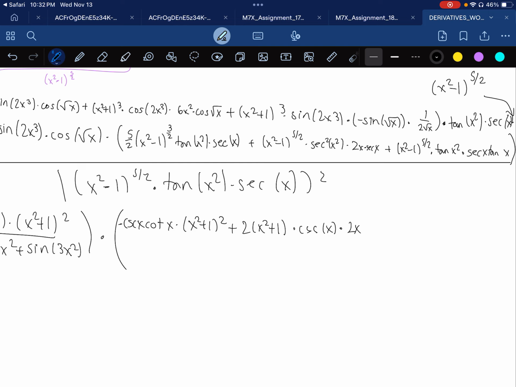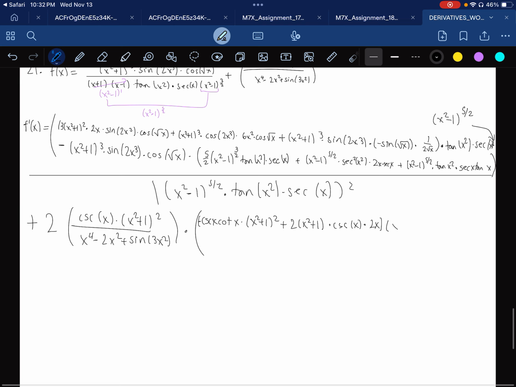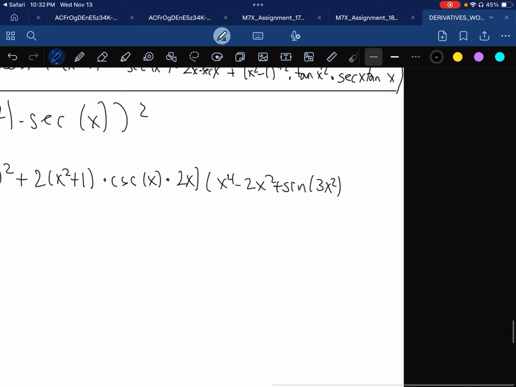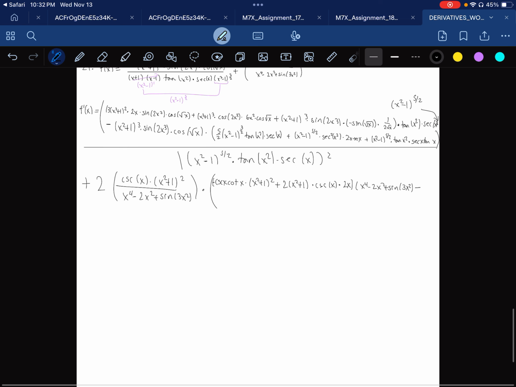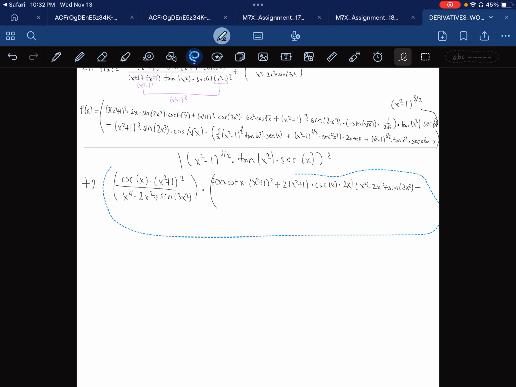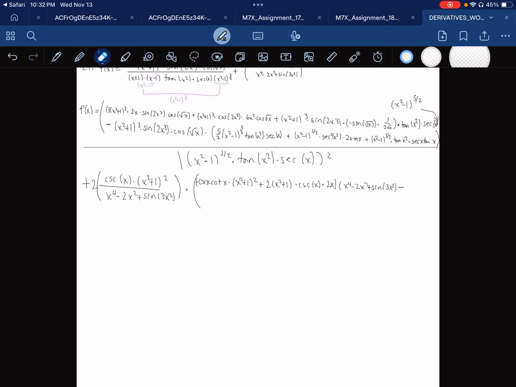Okay, and this is going to be the derivative of the numerator times the denominator, right? Minus, if we even have remotely any room to work with here, I'm going to have to move around some stuff. I'm going to be honest, it is quite a lot.